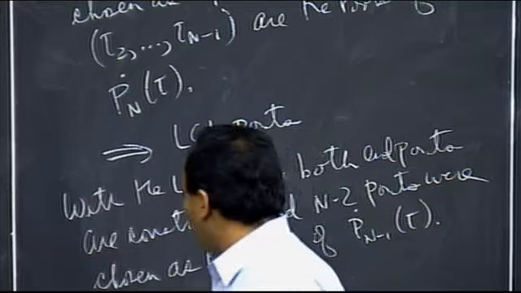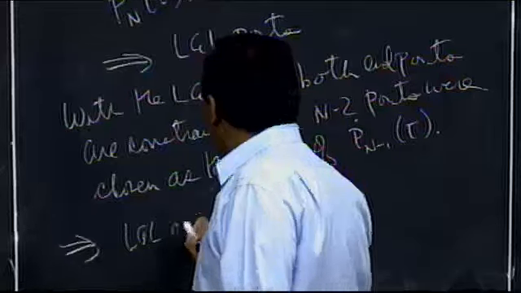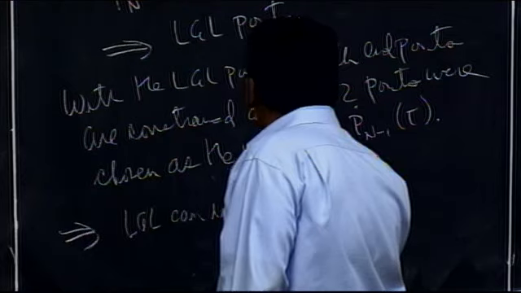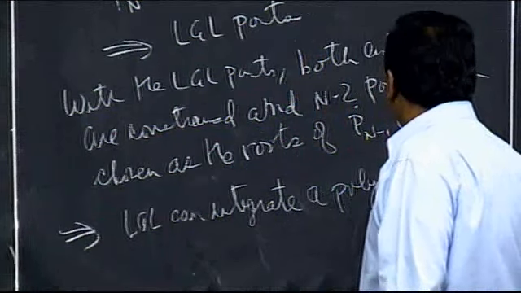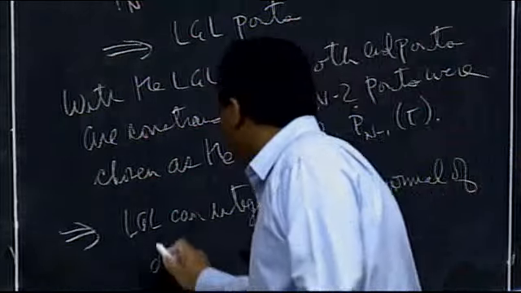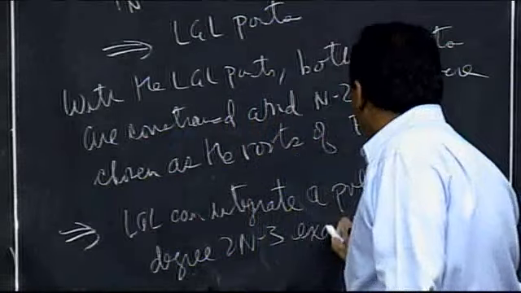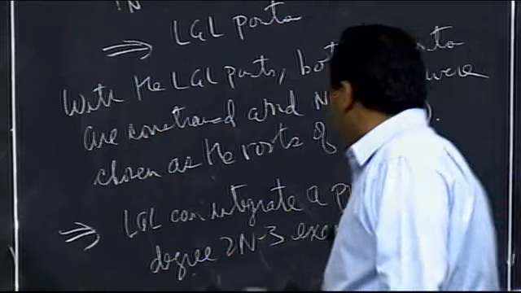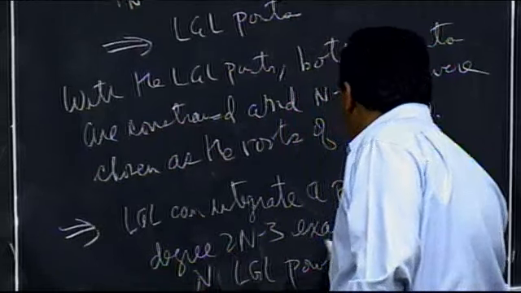So that means that now I've knocked off 2 degrees of freedom from this whole thing, so LGL can integrate a polynomial of degree 2n minus 3 exactly using the n LGL points.